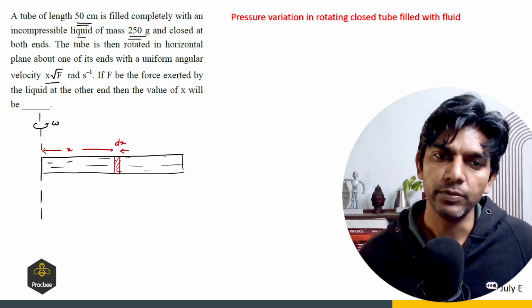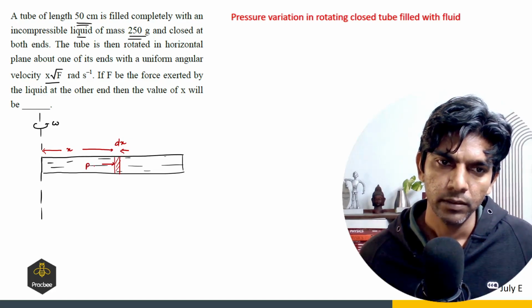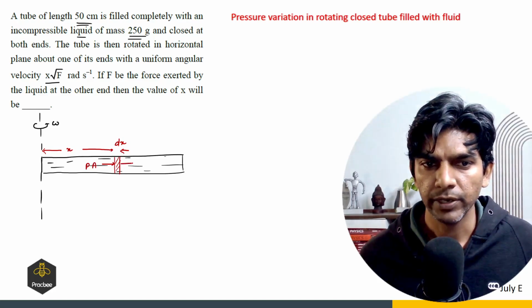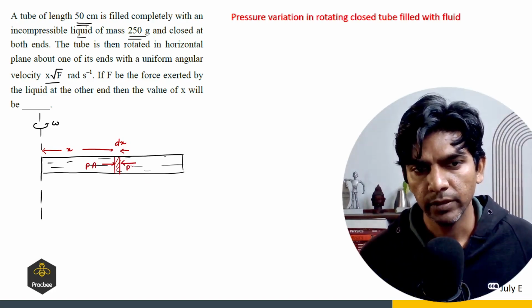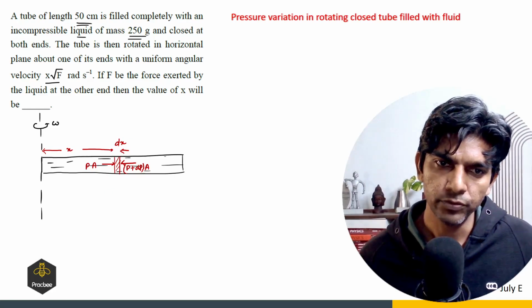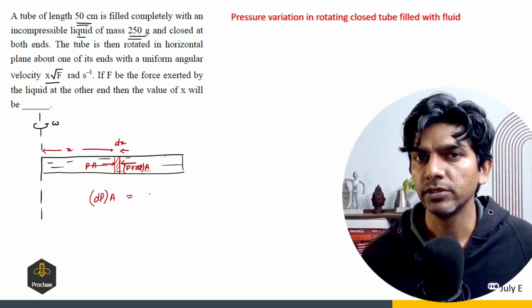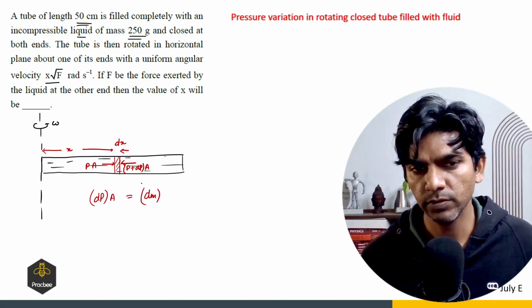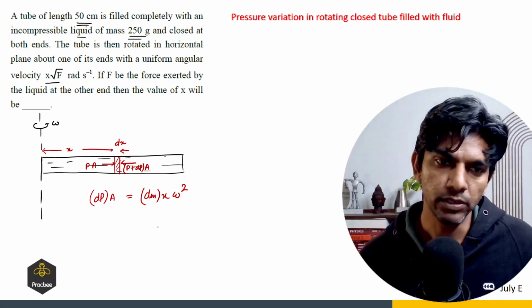Let us say on the left side the pressure is P, so the force will be P times the area, and on the right side the pressure has to be more, only in that case we'll get a centripetal force. It should be P plus dP times the area. So this element is experiencing a force of dP times A, and that will be the centripetal force. So dm is the mass of this element, the radius is x, omega square. So that is the centripetal force.